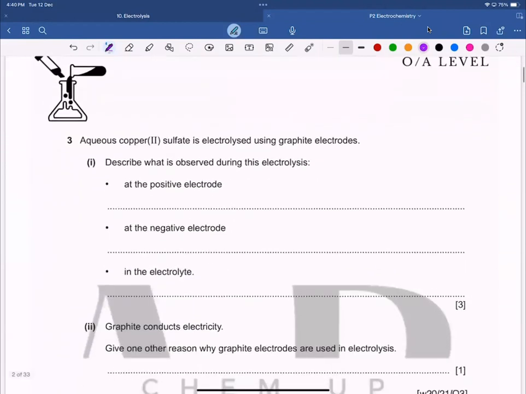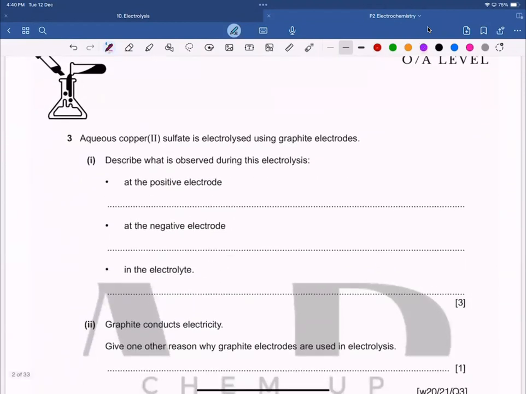Okay, now have a look over here. See this question. Aqueous copper(II) sulfate is electrolyzed using graphite electrodes. Graphite is telling me it is inert, non-active. Describe what is observed during the electrolysis. They didn't ask you for the equation. They are asking you for the observations at the positive electrode.